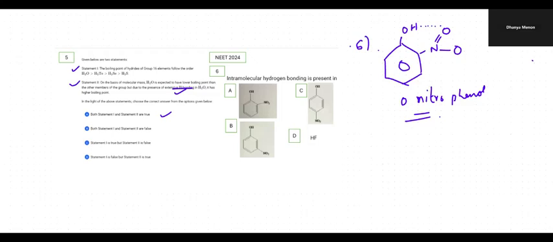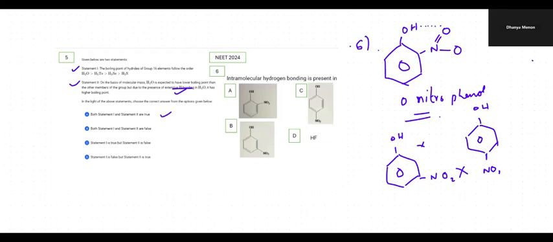So this is happening within the molecule. But in B, the nitro is in the meta position. This is not possible because the nitro group is far away. In C, it is in the ortho position, this is the ortho position. This is still not possible, so far away.